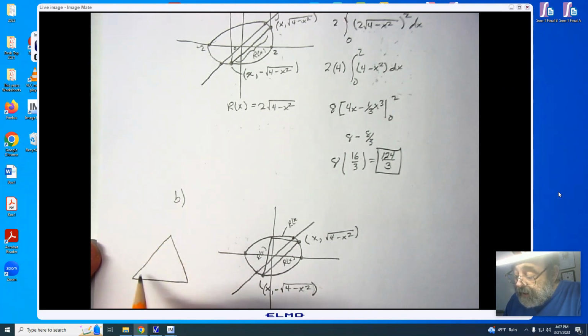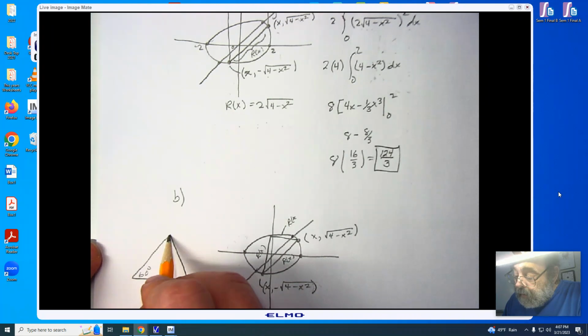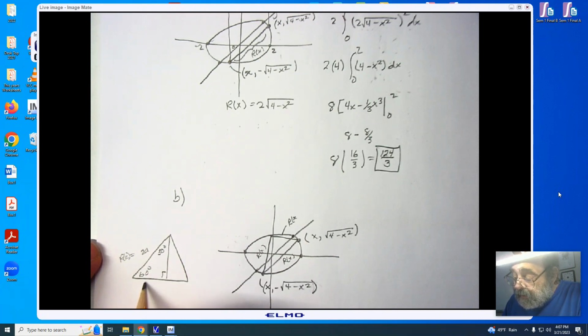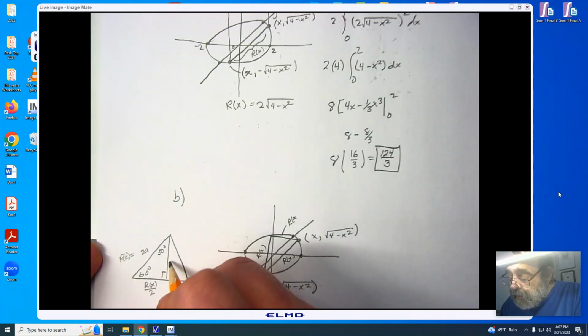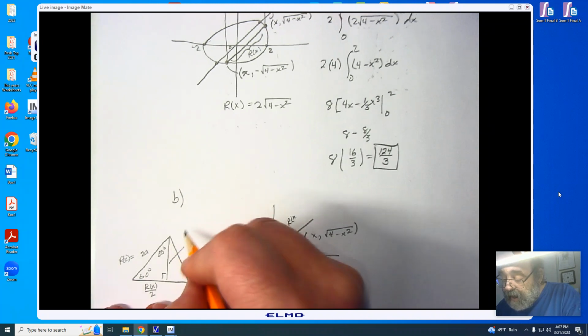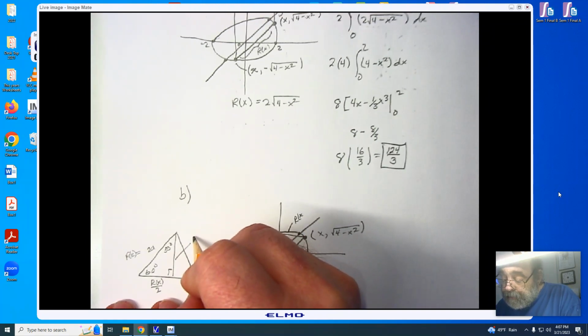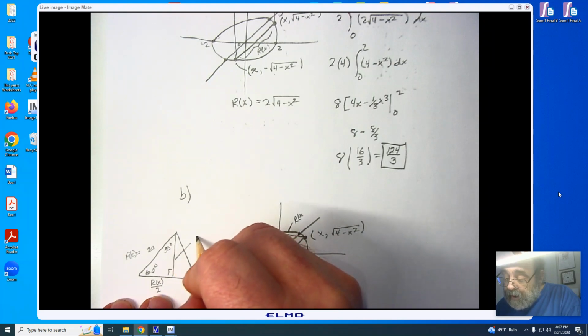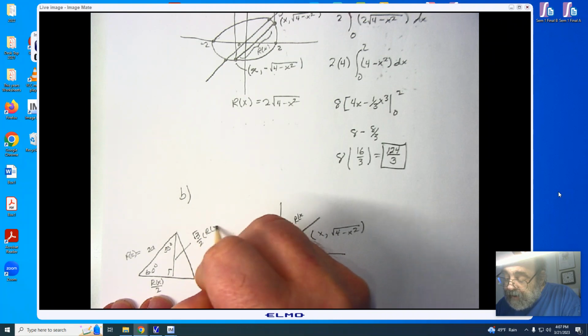We're talking about a 60, 30, 90-degree triangle, where if this is 2a and it's equal to r of x, then this is r of x divided by 2, and that makes my height a root 3, so we have root 3 over 2 r of x.